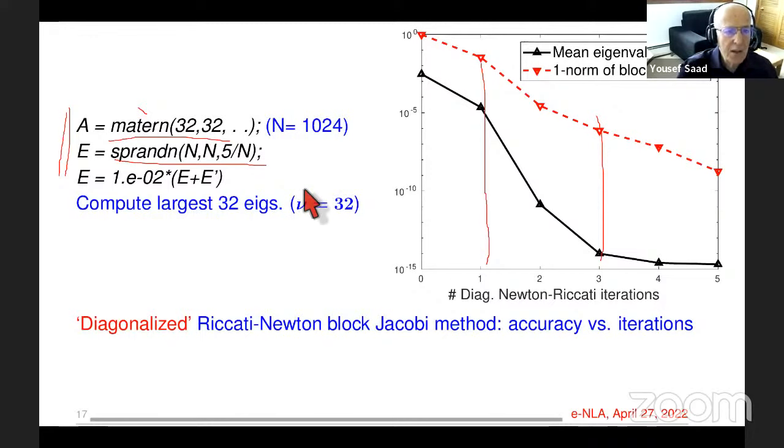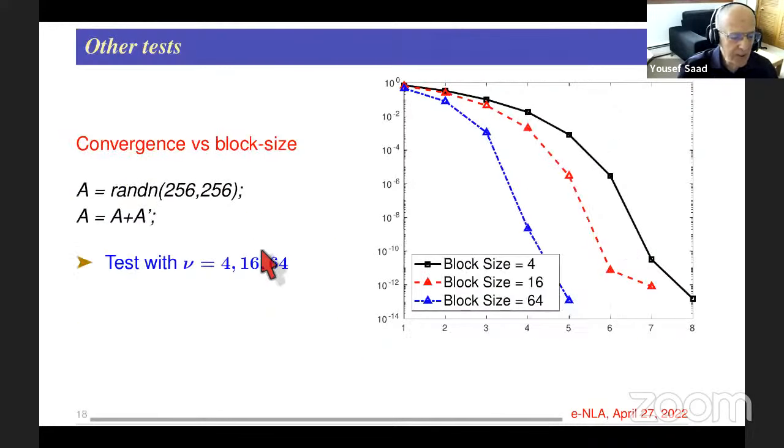Okay, so now a couple more tests with this to finish up with this topic. This is only an experiment that shows that the number of iterations goes down if the block size increases, the same matrix, and I'm using different block sizes. So it's advantageous to use block sizes that are large at the beginning.